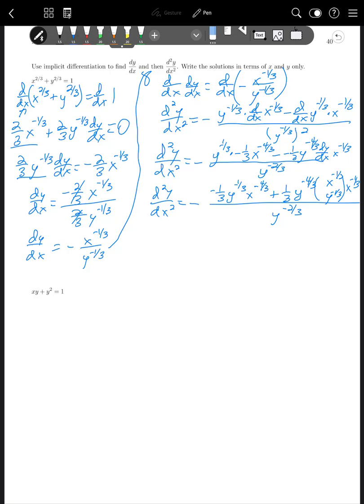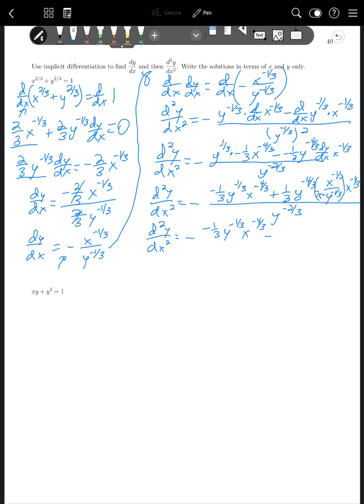Okay, and then there's just one thing I want to fix here because that got too close together. So that's a negative, right? Because this had a negative in it. Okay, so now we can do some simplification. So d squared y over dx squared equals negative 1/3 y to the negative 1/3 x to the negative 4/3, plus, it's going to end up being minus because of this negative in here.